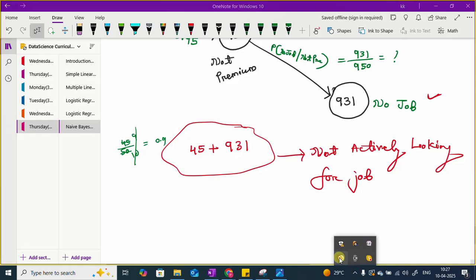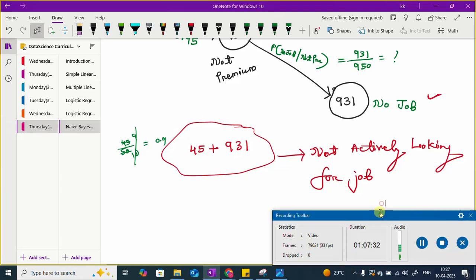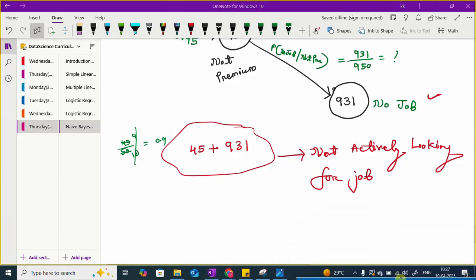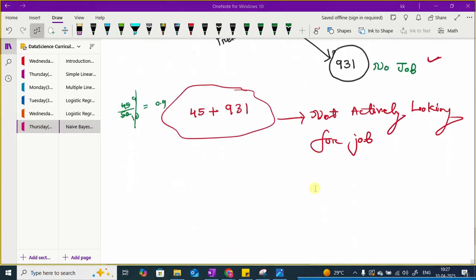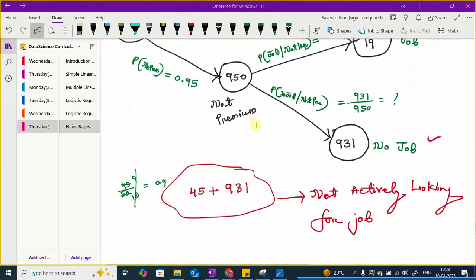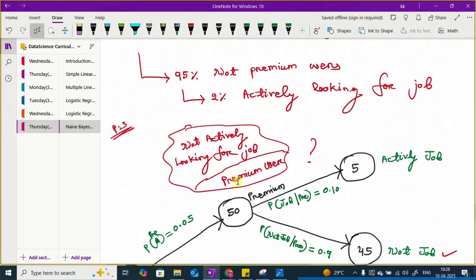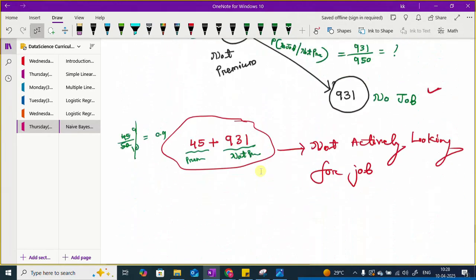Any doubt so far? Now, out of this, guys, obviously 45 belongs to premium. Let me write down premium. This is not premium. What is the conditional probability asking?